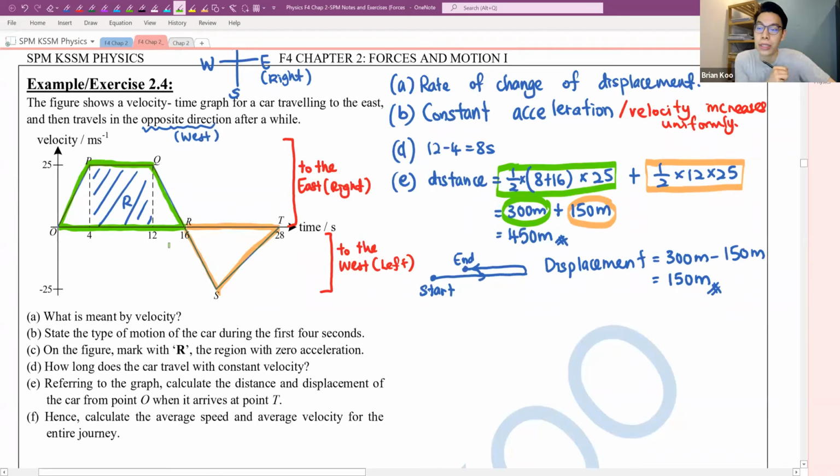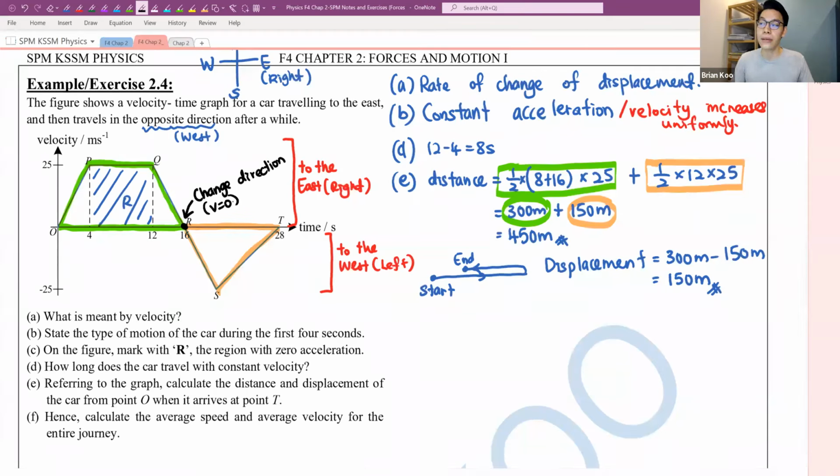And there's one more very important point, which I think can help you guys to understand velocity graph better, which is this little point here, point R. Do you know that this point is the point where it changed direction? When the velocity is equal to 0, it could mean that it changed direction. I'll give you a very good example that you will probably understand quite well because we have done it last week.